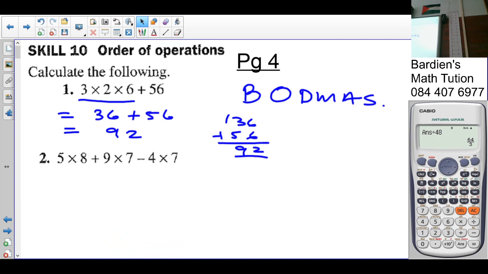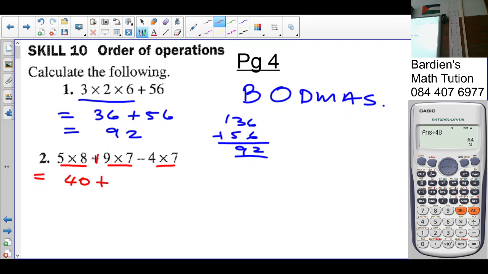Let's look at number 2. Again, what needs to be done first here? Multiplication. It's 5 times 8, then 7 times 9, and then 4 times 7. You all agree with that? Yes, sir. What's 5 times 8? 40.